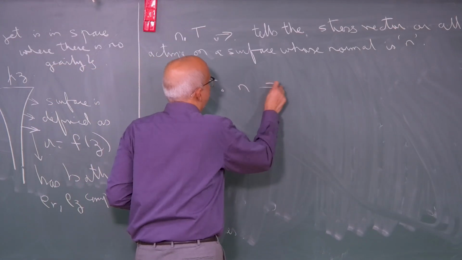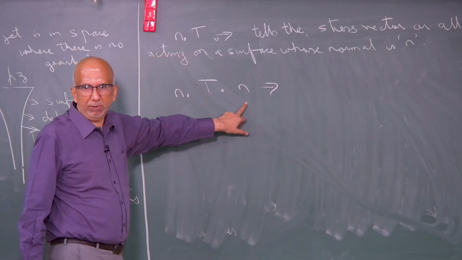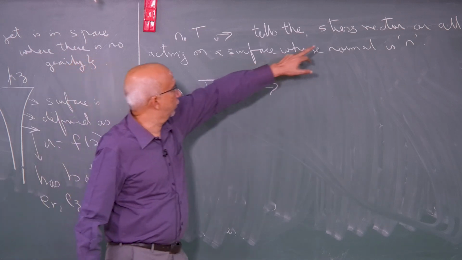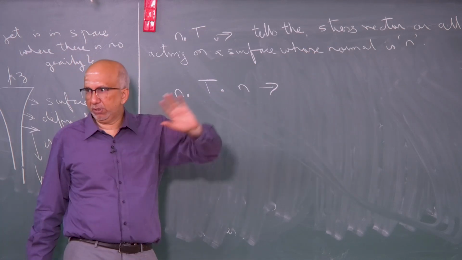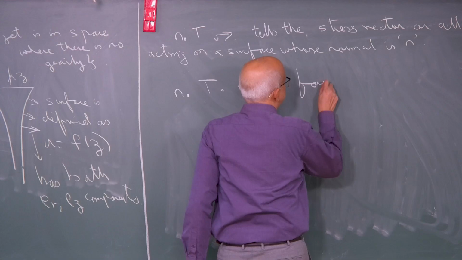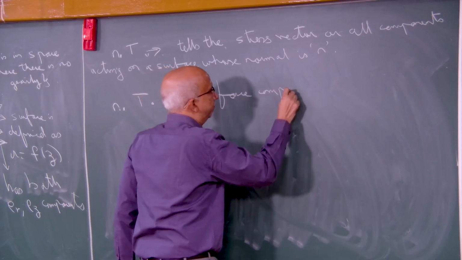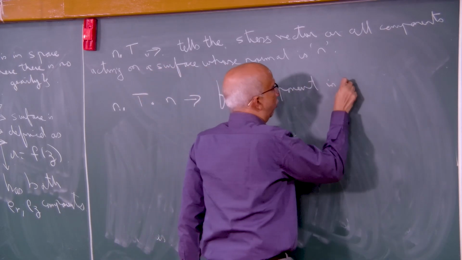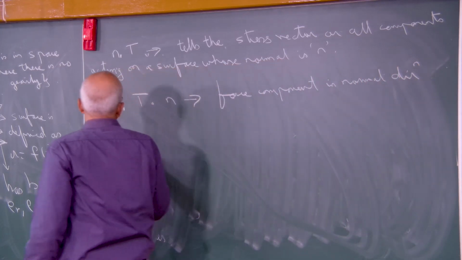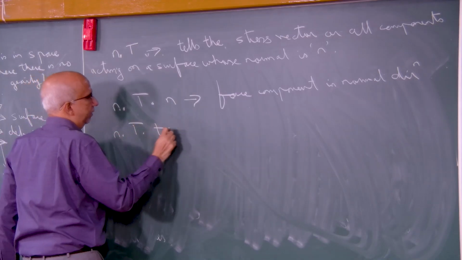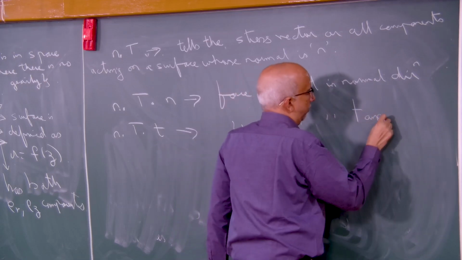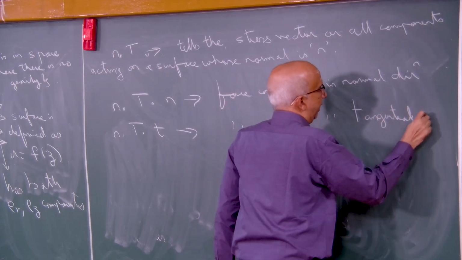So, (n dot t) dot n: this is the force, and I am dotting it in the normal direction. One more thing, n dot t is a vector. That is why I wrote stress vector. I dotted in the normal direction to get the component in the normal direction, and (n dot t) dot t gives the force component in the tangential direction.